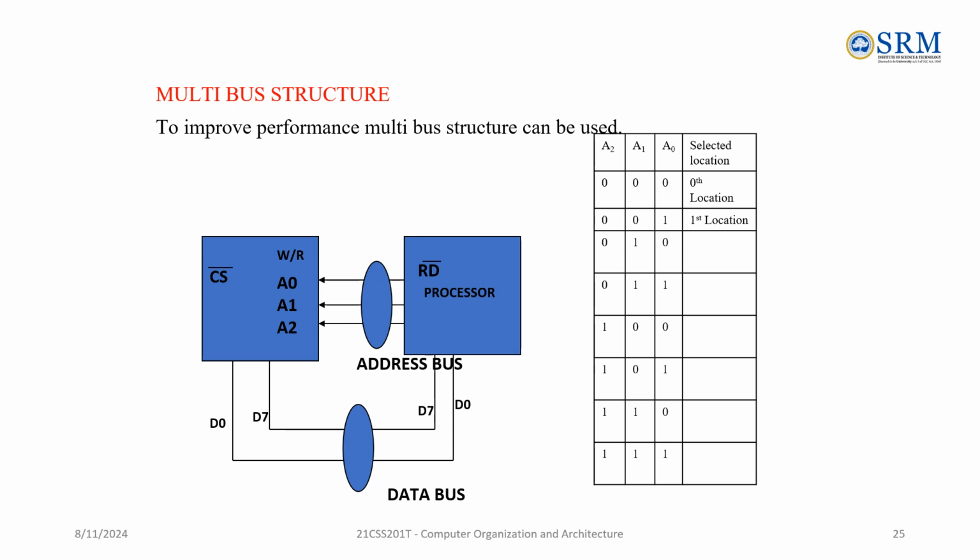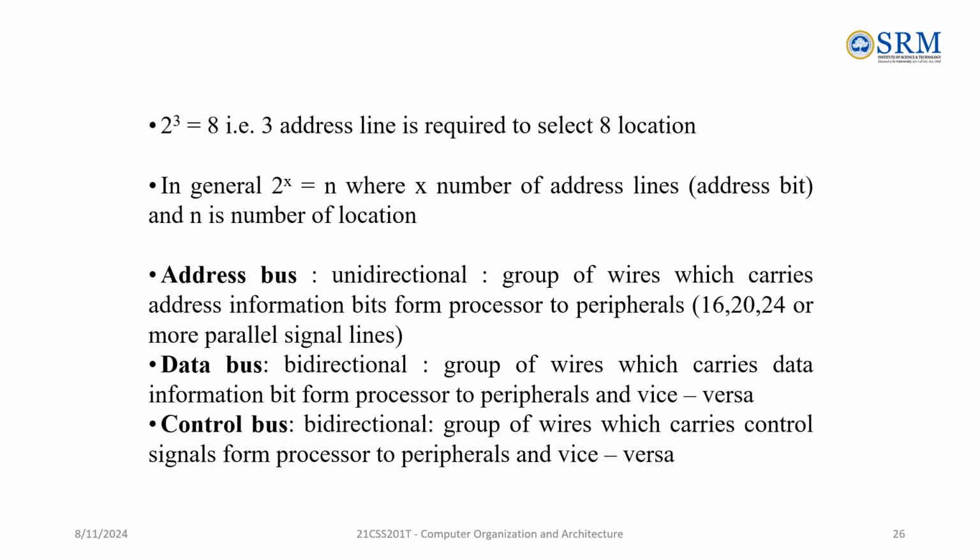In this case, there is a different bus for address, a different bus for data, and a different bus for control signals. Using 2 to the power 3, that is 3 address lines, we can select 8 locations. In general, 2 to the power x is equal to n, where x is the number of address lines and n is the number of locations that can be addressed.